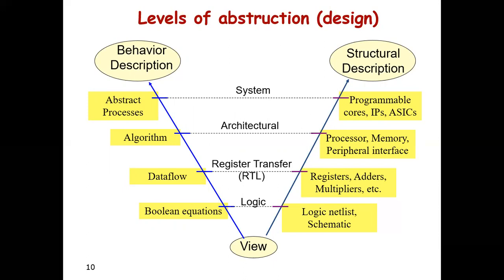The structural description covers programmable cores, IPs, ASICs, processor, memory, peripheral interface, registers, adders, multipliers, then logic gates or schematic. That is system, architectural, register transfer logic, that is RTL, then final logic. These are the concepts in the behavioral description and the structural description.